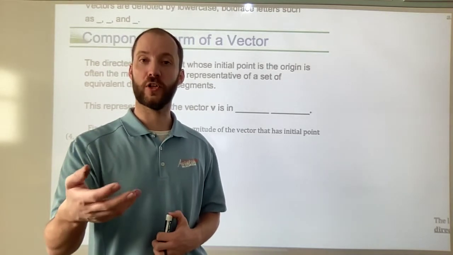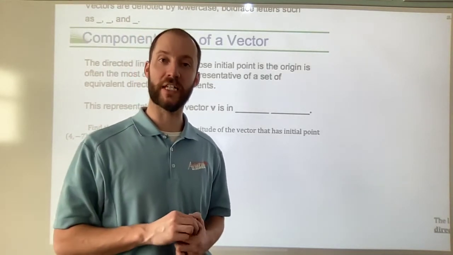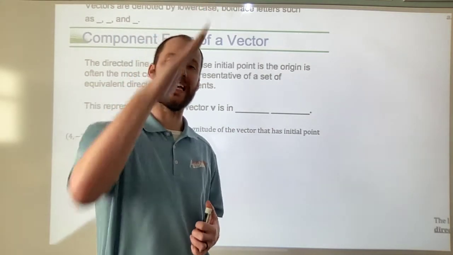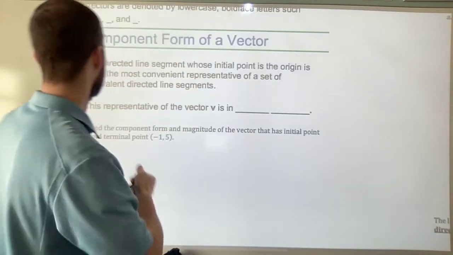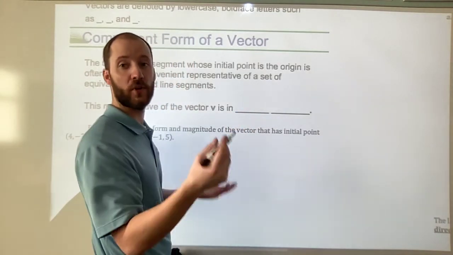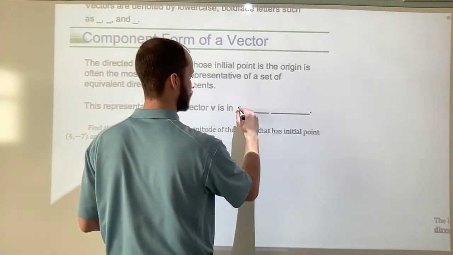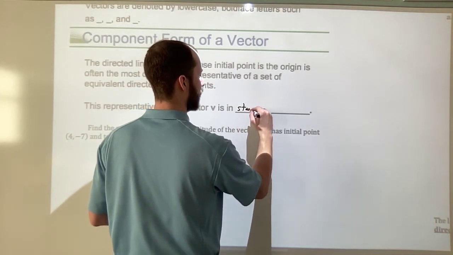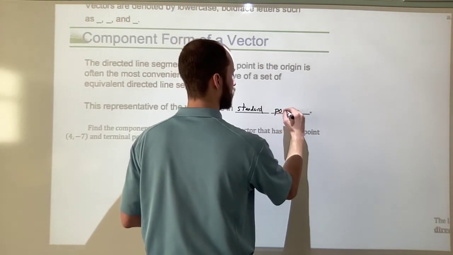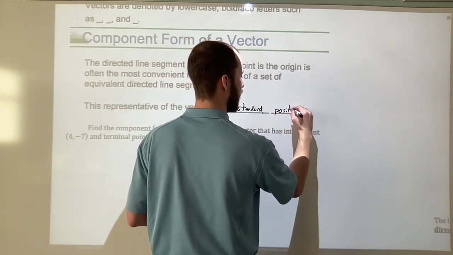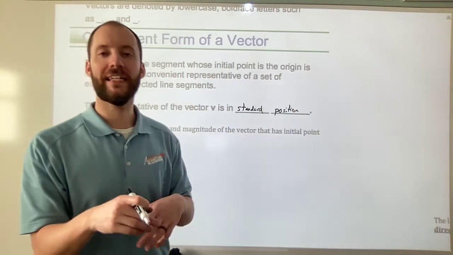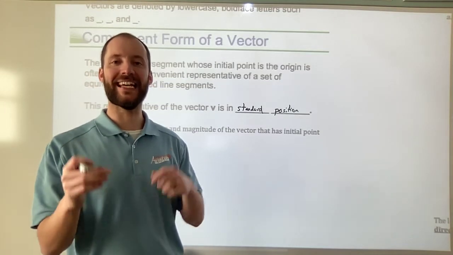How much vertical force does a vector represent? And then you put horizontal and vertical together, you could get a diagonal. So standard position is then how we create component form. So we take any vector we have and we adjust it so that the origin is acting as the initial point.